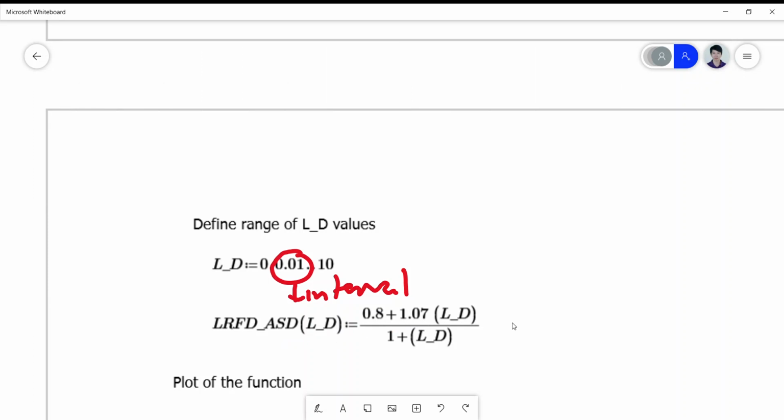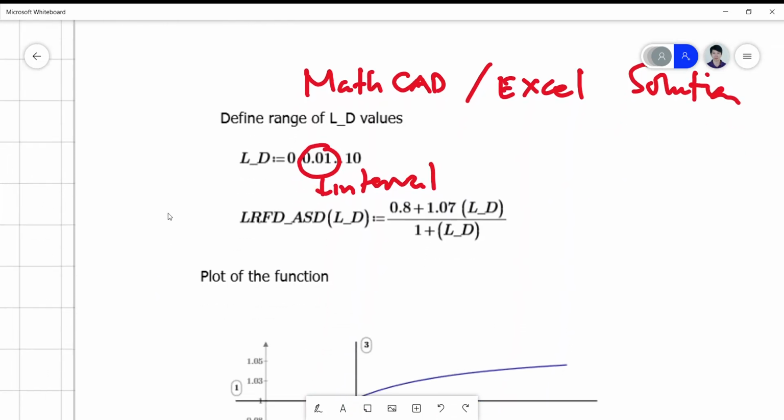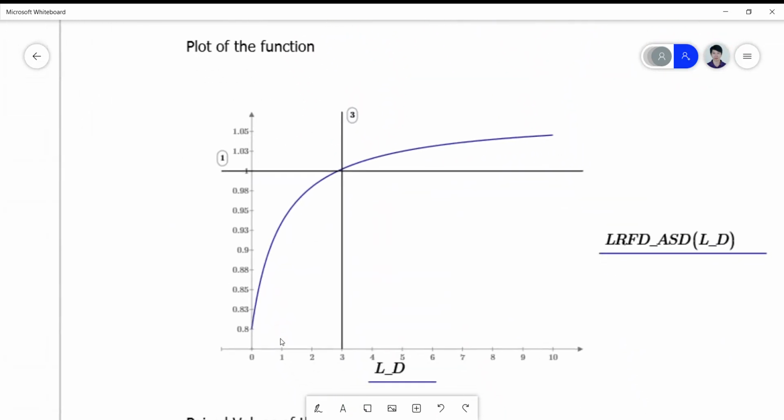So this is a Mathcad solution class. If you want to do it in Excel, you can do it, or you can do it also in Mathcad. Okay, or sanay na kayo sa pagko-compute using computers. Okay, so this is now the plot.